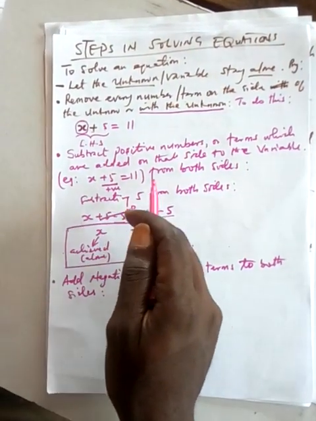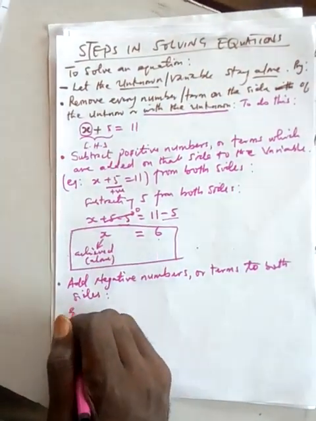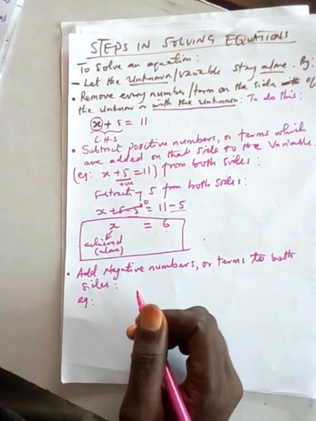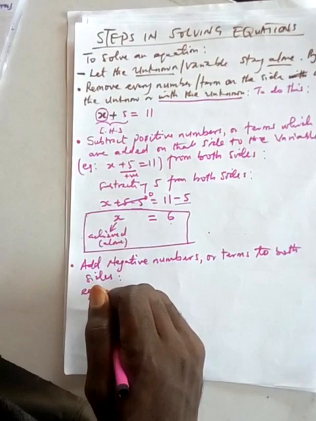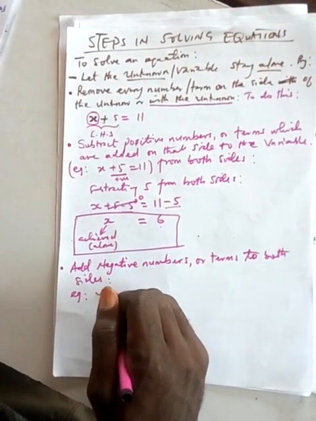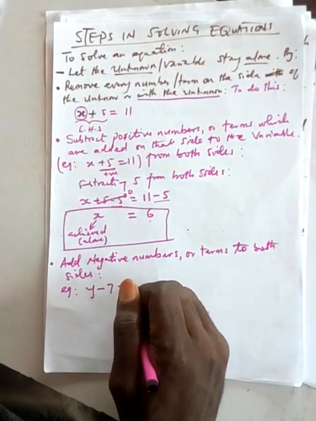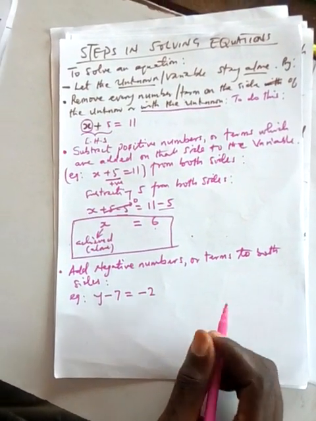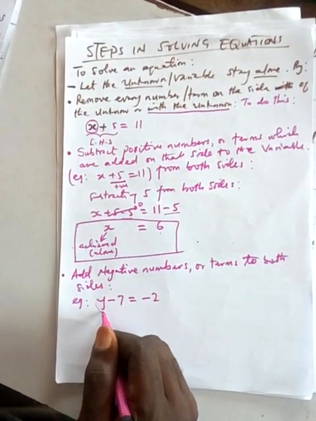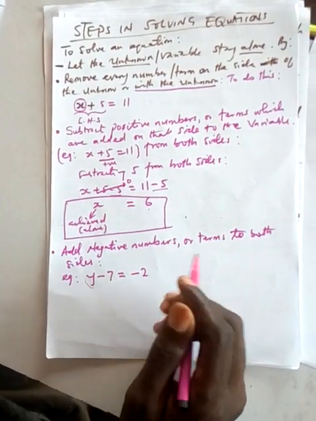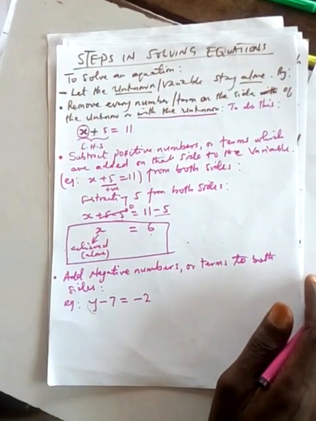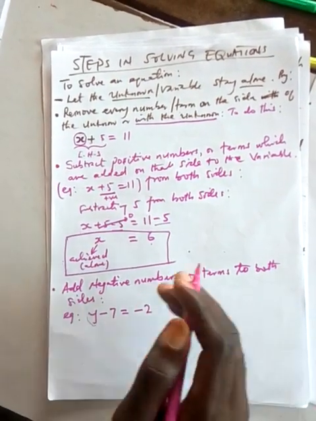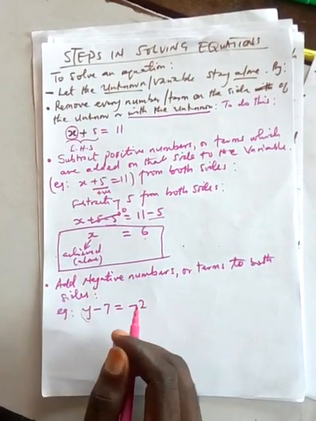So what we have here, e.g. if we have y minus 7 equals minus 2, we are simply asking what is the number from which 7 will be subtracted to give us negative 2. It may be easier for you to answer, but how to get that may not be that easy.